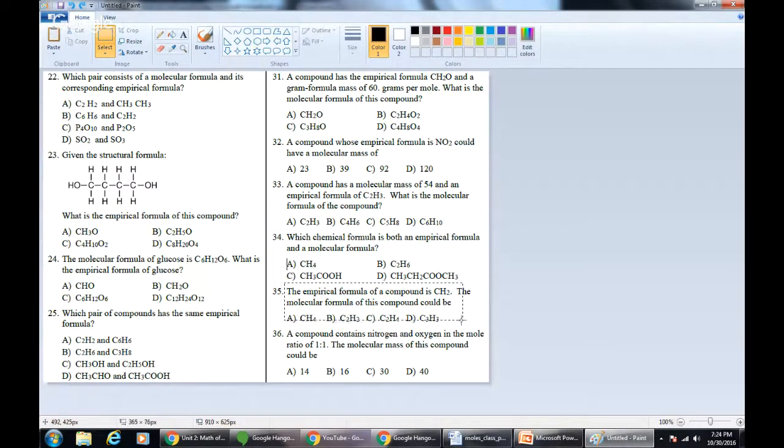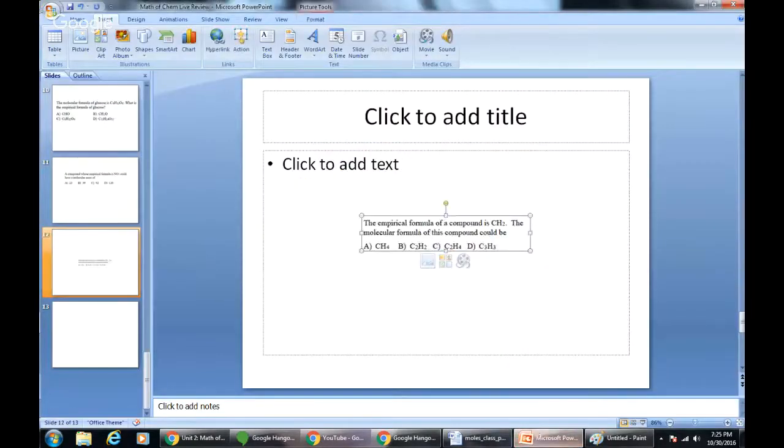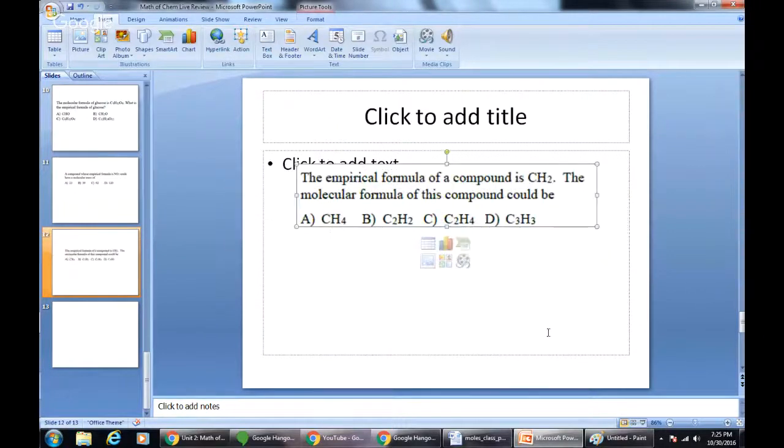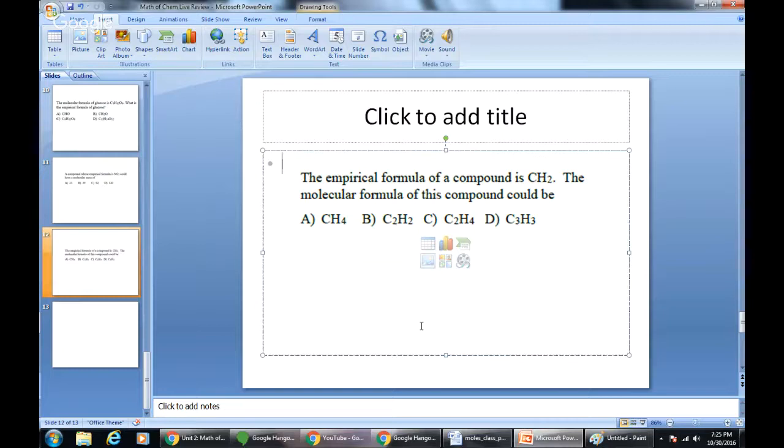All right, let's do 35 here. The empirical formula of a compound is CH2. The molecular formula of this compound could be what? So it has to be a multiple. For every 1 carbon, there are 2 hydrogens, so you have to compare them. It cannot be A, because for 1 carbon, there's 4 hydrogens.